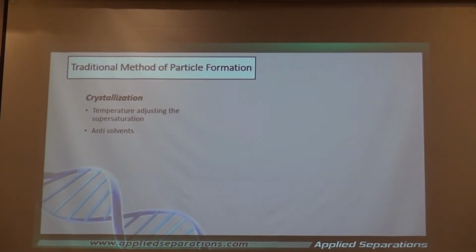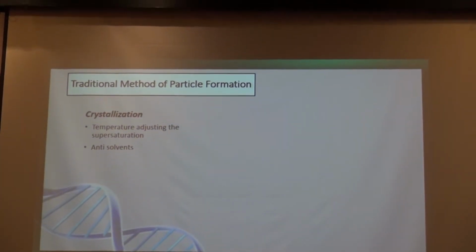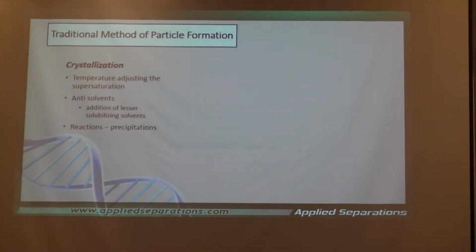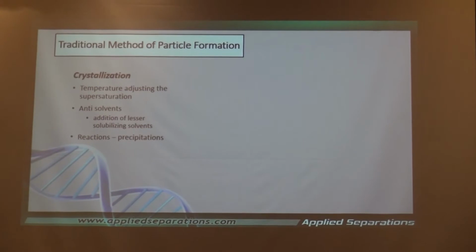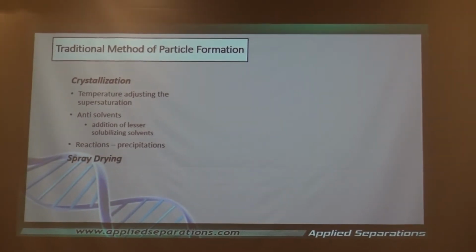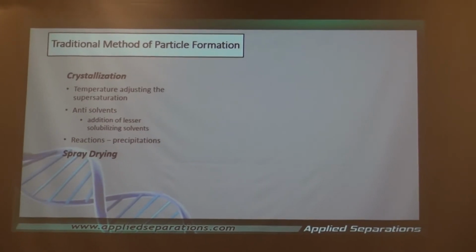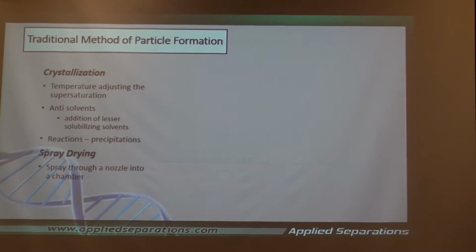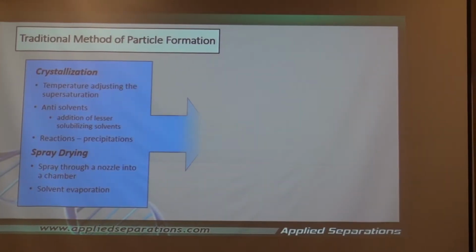We can use anti-solvents. These are ways of doing crystallizations and then reactions and precipitations. This is the traditional way of doing crystallization. And then spray drying. Particles are formed by spray drying as well, through a nozzle into the chamber.